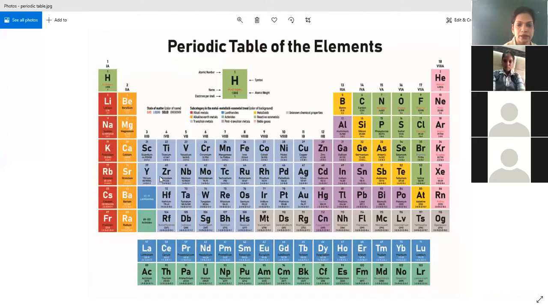Yttrium to cadmium, 4D orbitals are progressively filled. Lanthanum, I should write La over there as the head of the family. Lanthanum to mercury, you can call it in any way. But the family members are called the lanthanoids.